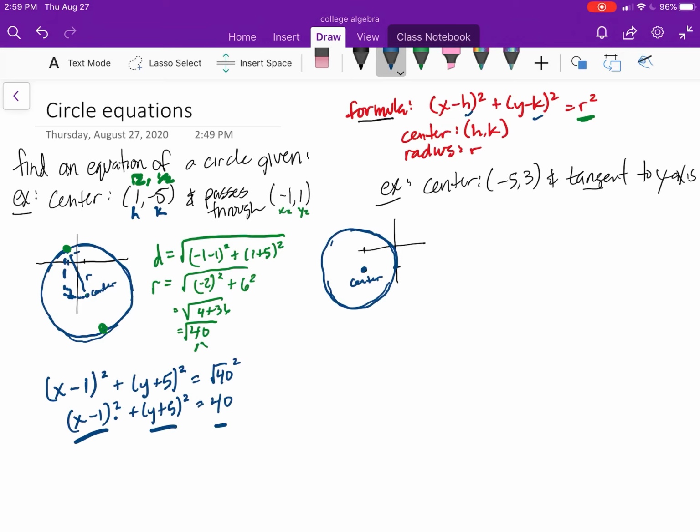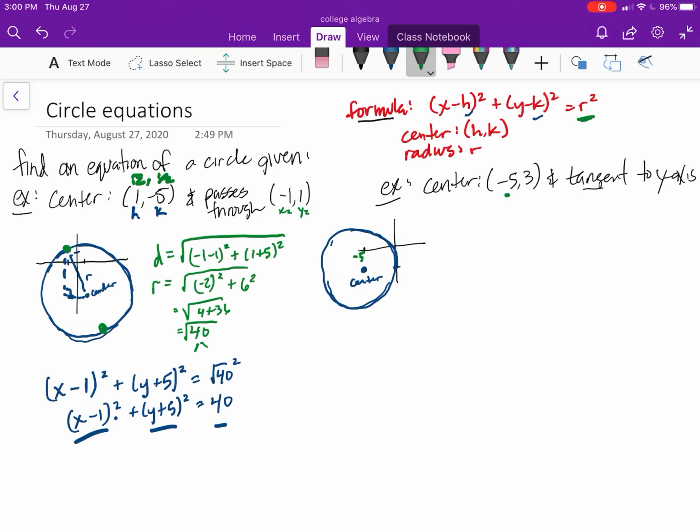Without the drawing, we could do this, but this picture helps me visualize exactly what's going on. Because I can just see here, the center was negative 5. Oop. I don't know why I went down 3.